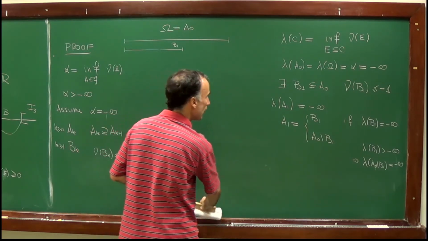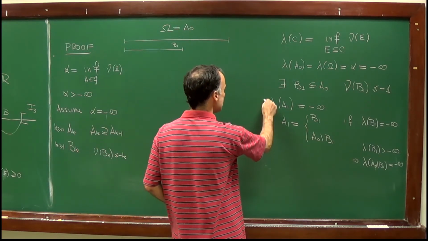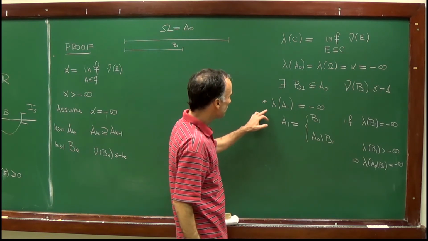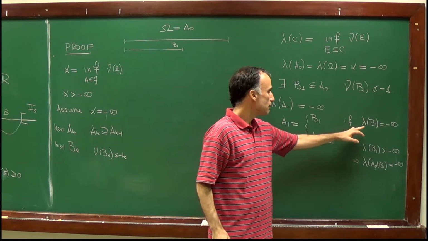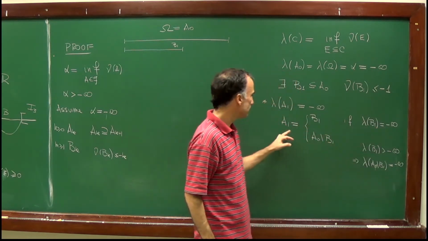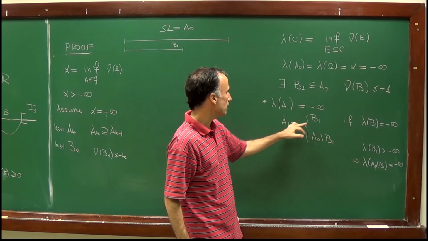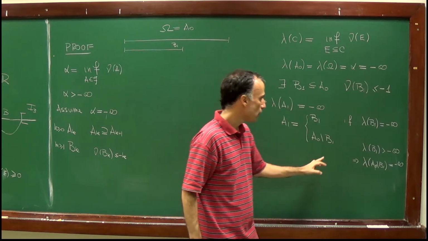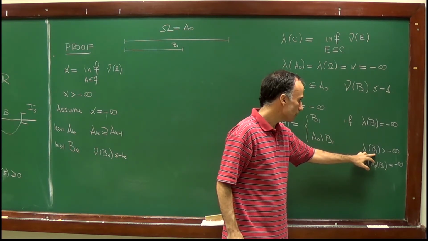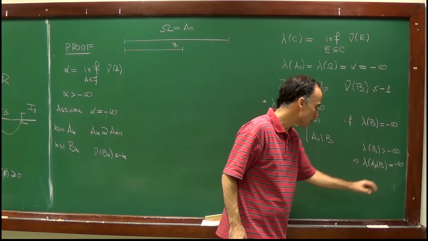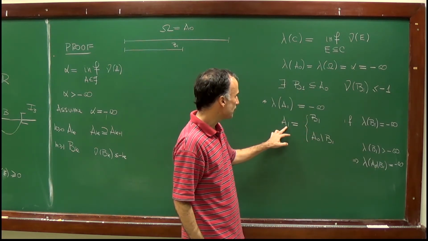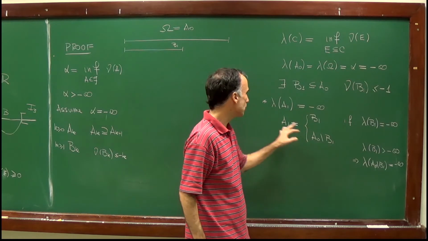And therefore, what is clear is that lambda of A1 is always equal to minus infinity, right? Because if lambda of B1 is equal to minus infinity, we set A1 to be B1, and therefore we keep that property. But if not, then lambda of A0 minus B1 is equal to minus infinity, and we set A1 to be A0 minus B1.